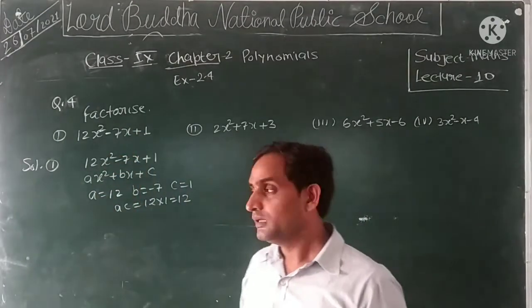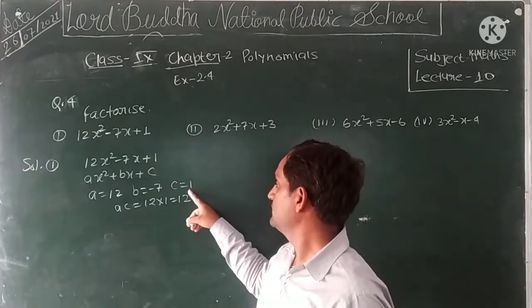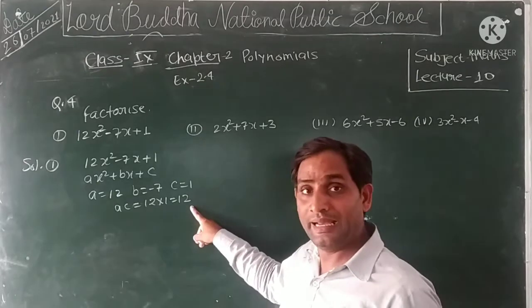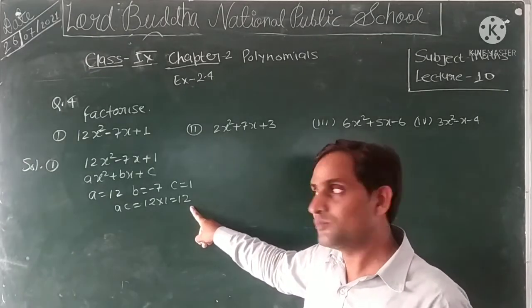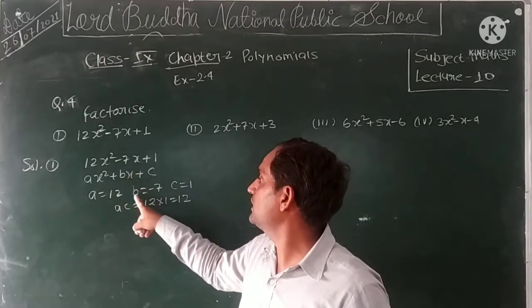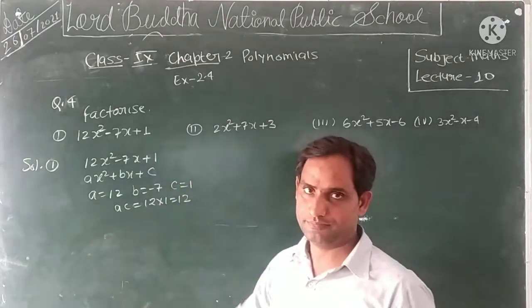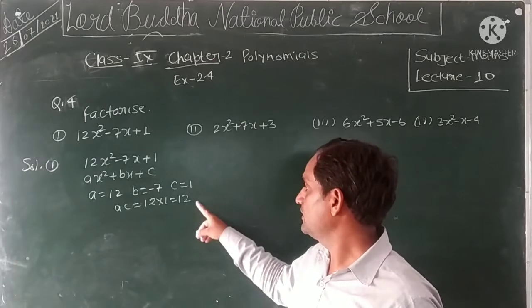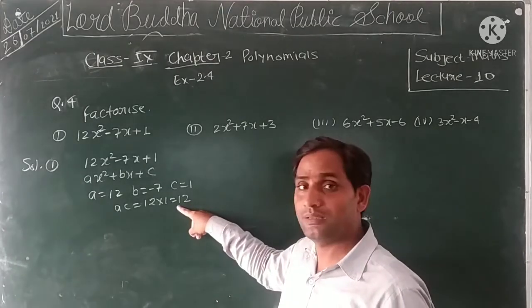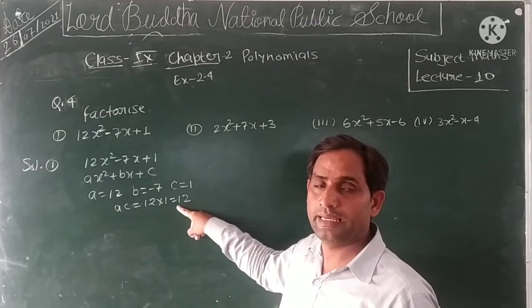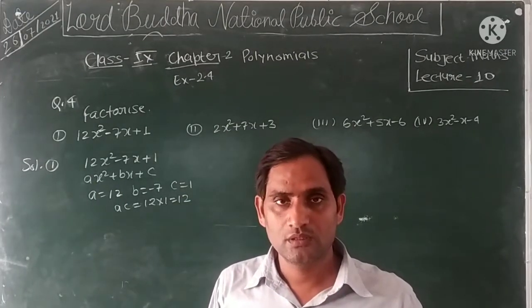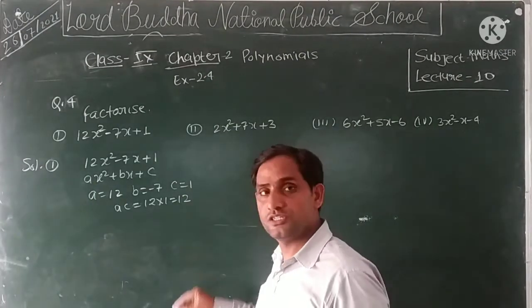Once again, now we have to find two numbers whose product is 12 and their sum will be equal to b, means minus 7. Okay? As we know that the product 12 is positive, hence we take two negative numbers, then the product will be positive.